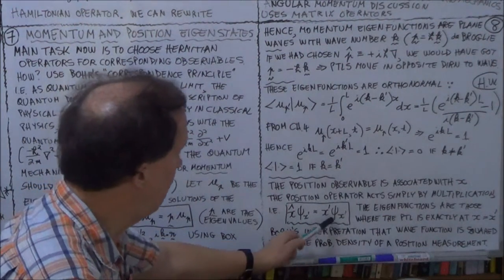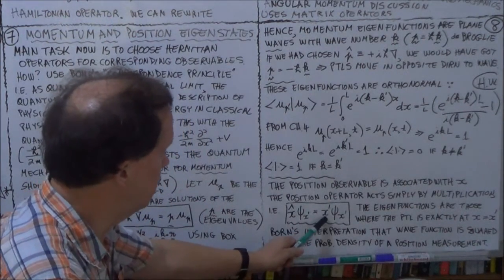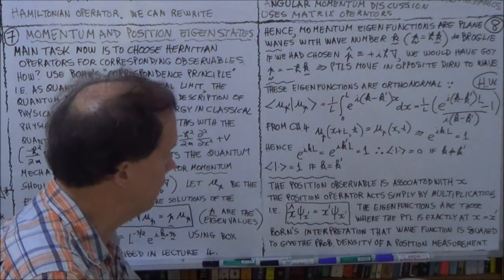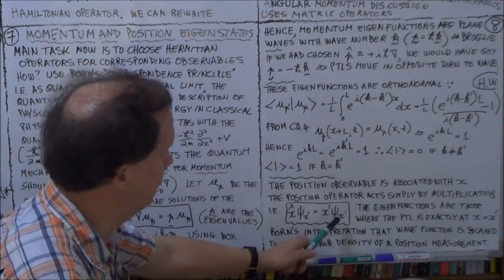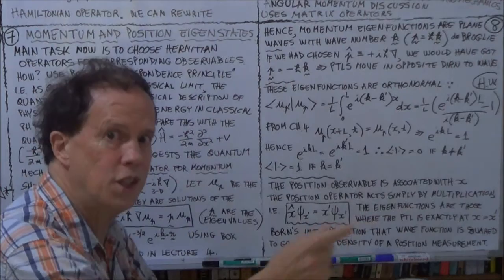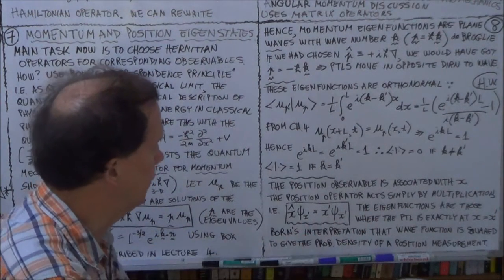So, if you have this eigenfunction here, you know that the particle is at position x'. Okay, that's how you interpret it. But there's a bit of a complication in the sense that that psi function then tells the exact position of the particle at x'.